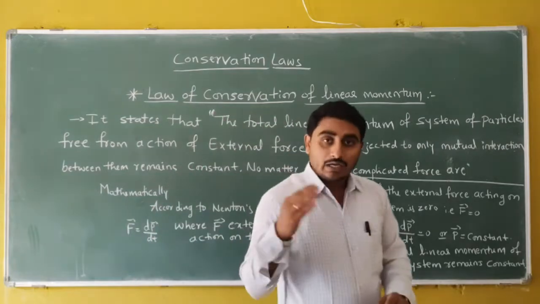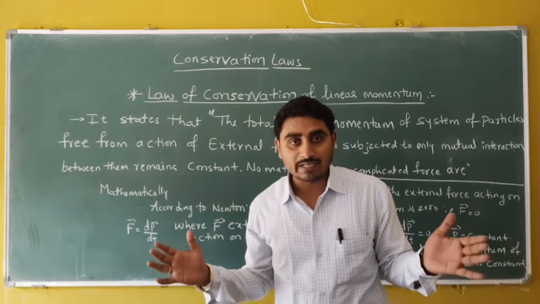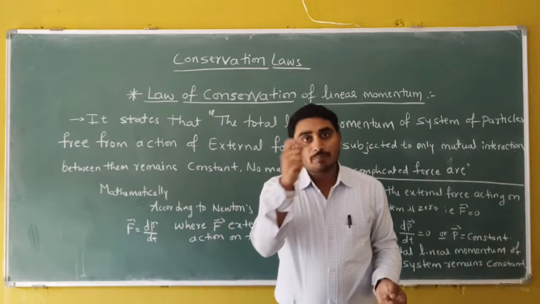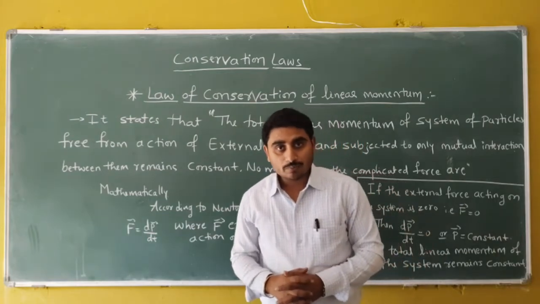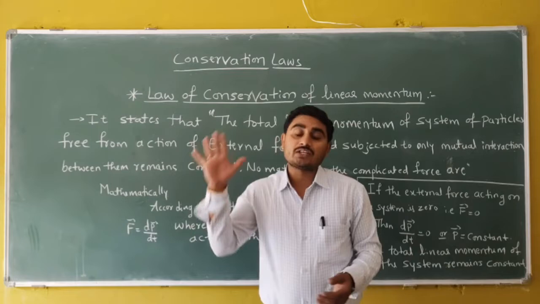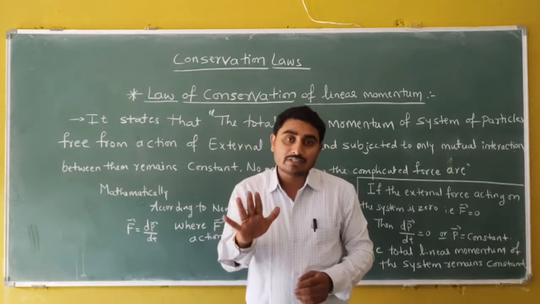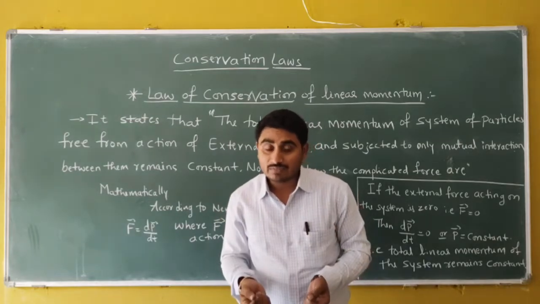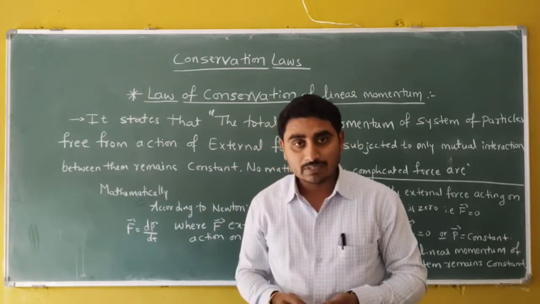Here, consider a system of particles. The system consists of n number of particles, and each individual particle has linear momentum. If there is no external force on that body, the external force is 0, but there is a mutual interaction between those particles.